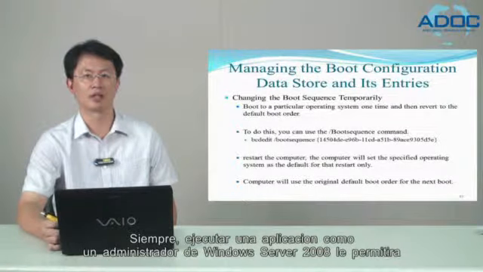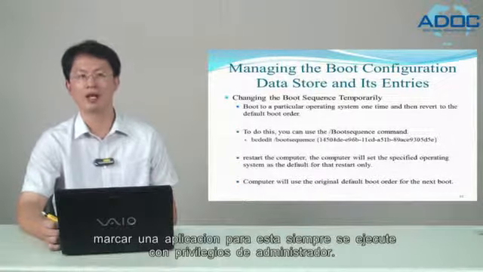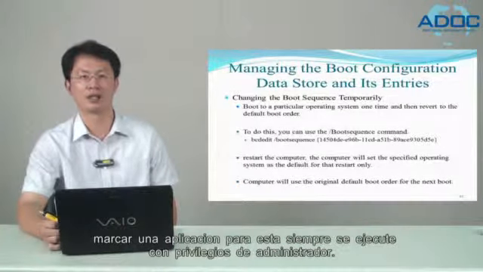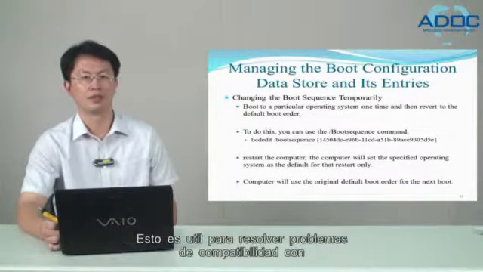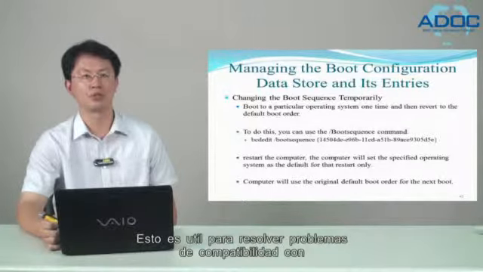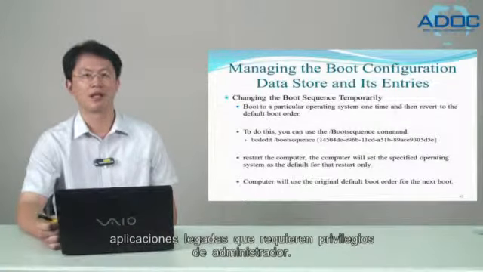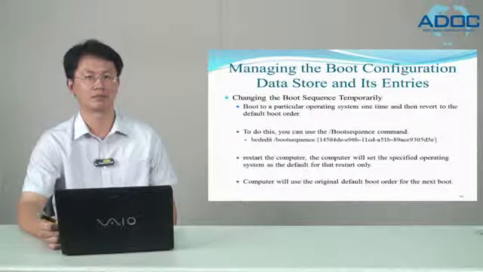Windows Server 2008 also enables you to mark an application so that it always runs with administrator privileges. This is useful for resolving compatibility issues with legacy applications that require administrator privileges.